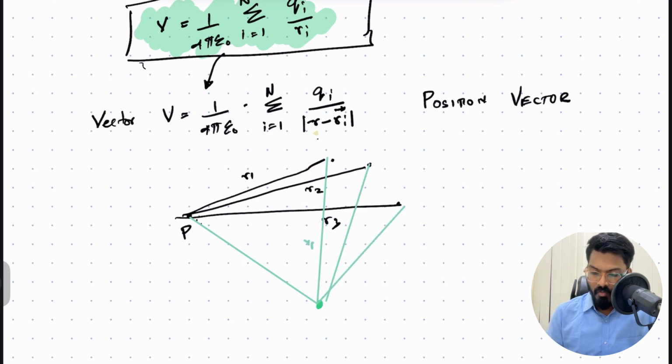So this is R1 because I've drawn this to Q1. Then Q2, the vector is R2. Q3 is the R3 vector. Now this is the R vector. So R vector minus Ri vector, that will be the position vector.